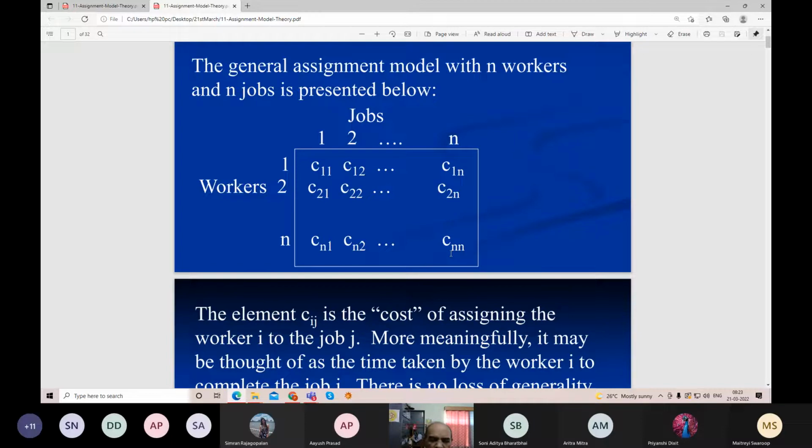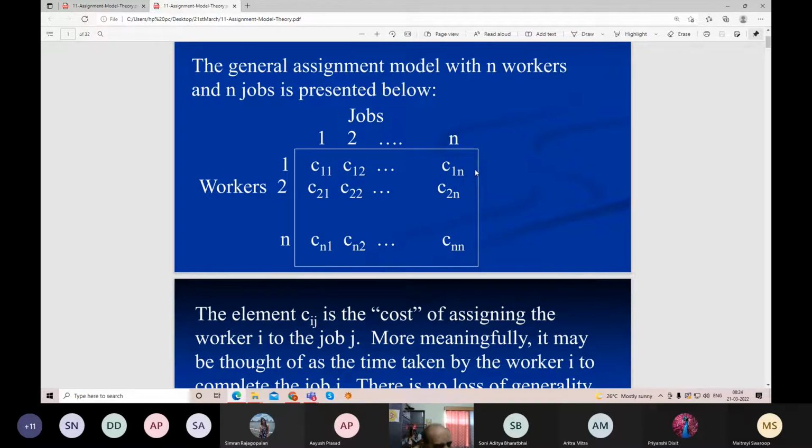Let us consider the first row. If I subtract a constant from each element of the first row, the elements will become C11 minus c, C12 minus c, C13 minus c, and up to C1n minus c. If you are subtracting a constant from the first row elements, this is the outcome.